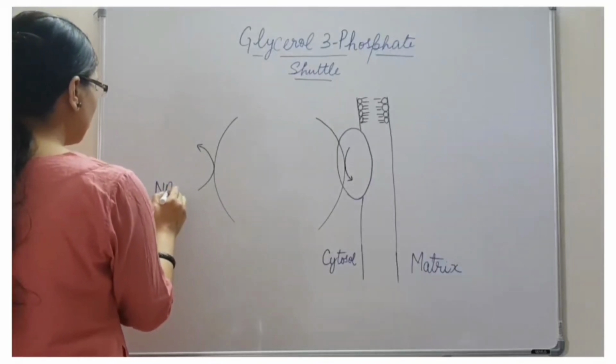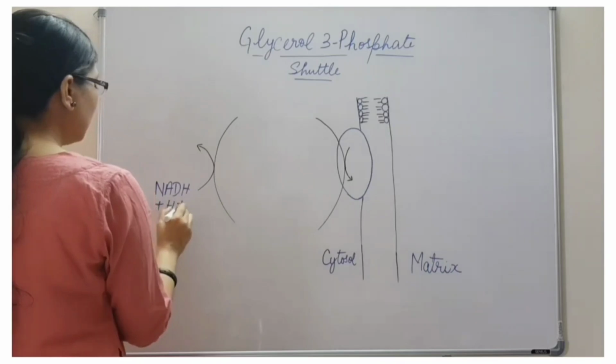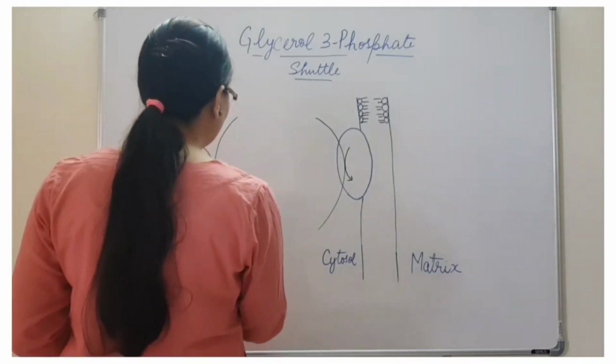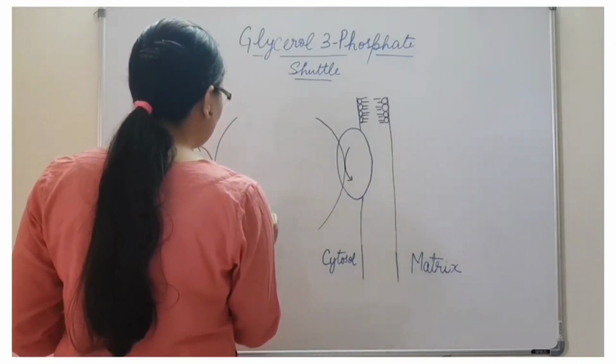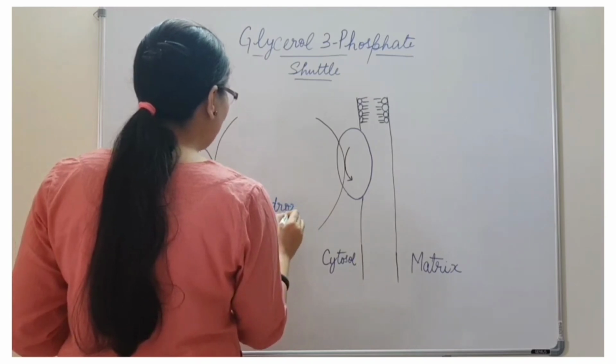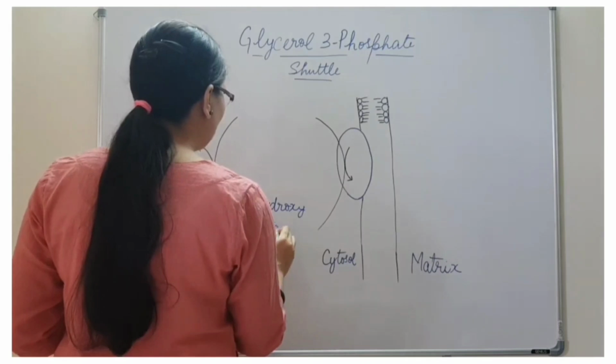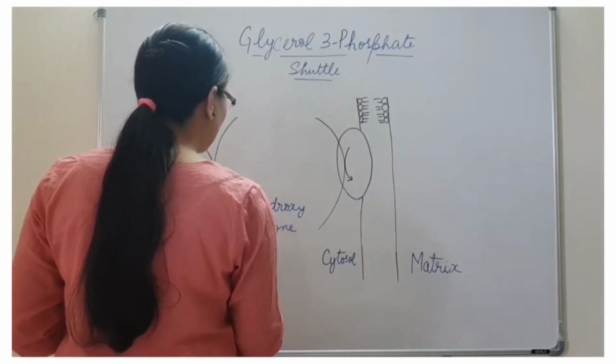Cytosolic NADH transfers its reducing equivalent to dihydroxyacetone phosphate.